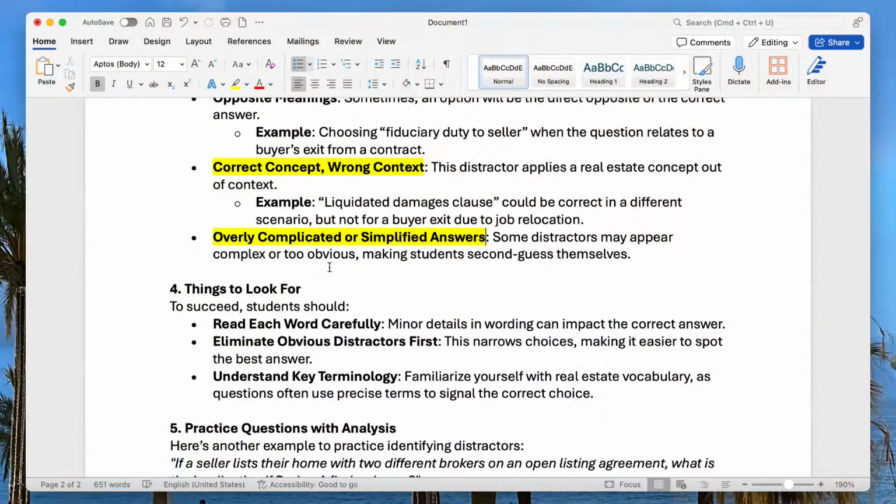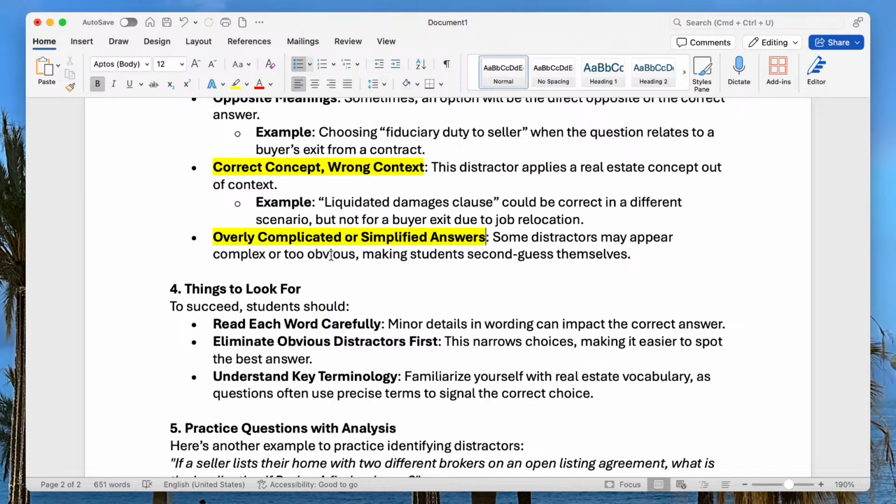I tell students all the time, they love to ask you a question that's loaded with junk. Don't let that freak you out. If that pops up on the screen and you see, oh my gosh, there must be 100 words with this question or more, and there's all kinds of stuff going on, don't let that upset you, because chances are they just want to know one little piece from that question. So just take a deep breath and don't let it freak you out.